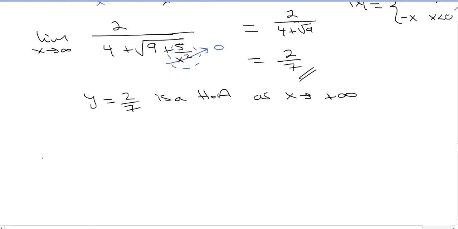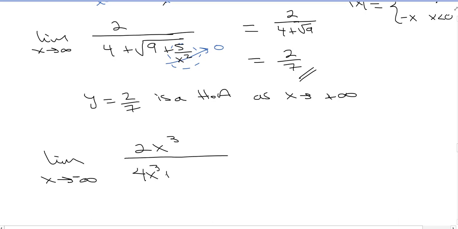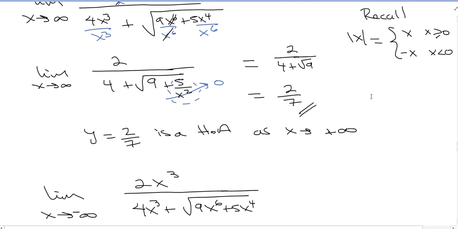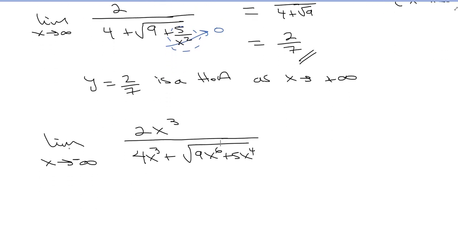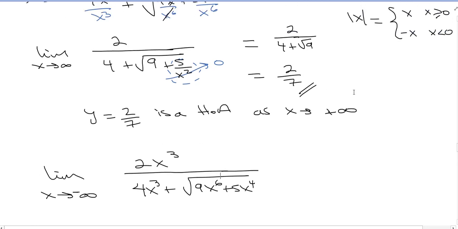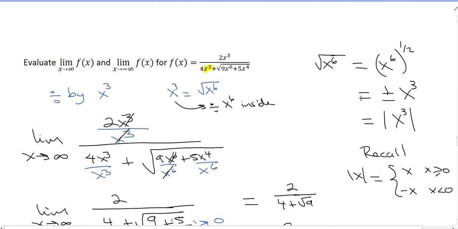Now what happens as x goes to negative infinity? As x goes to negative infinity of the same function, 2x cubed over 4x cubed plus the square root of 9x to the 6th plus 5x to the 4th, we're going to do the same thing. But now, because x is going towards negative infinity, we're going to use this definition of the square root of x to the 6.